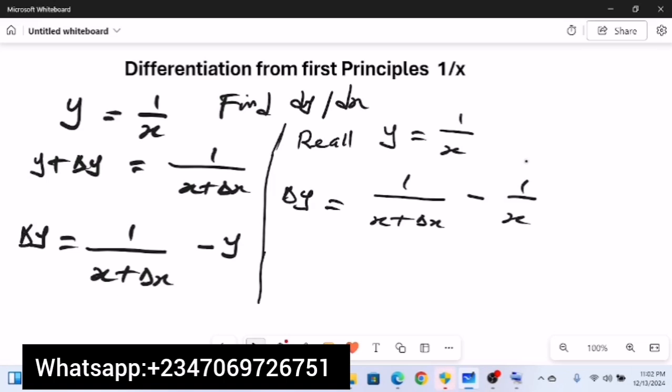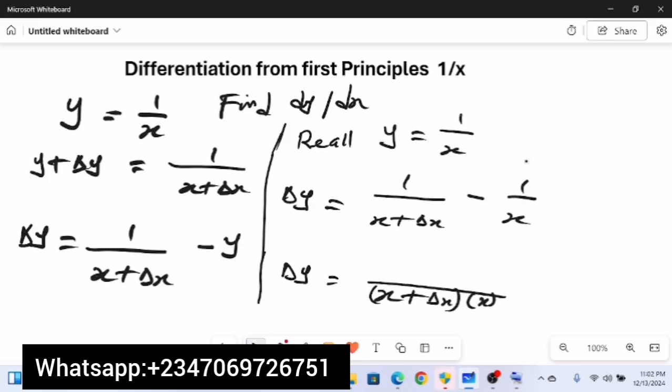Now at this point, what you will do is simply take LCM, and if you do that, you're going to have change in y to be equal to, the LCM between these two is simply the multiple of the two denominators. So I have x plus change in x multiplying through by x. This serves as the LCM.